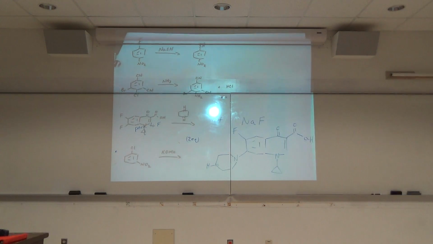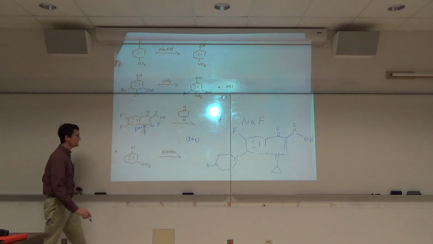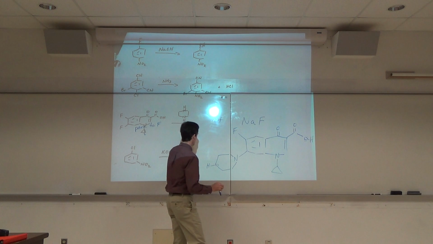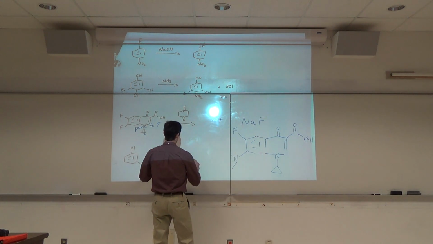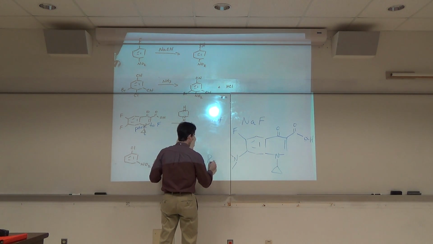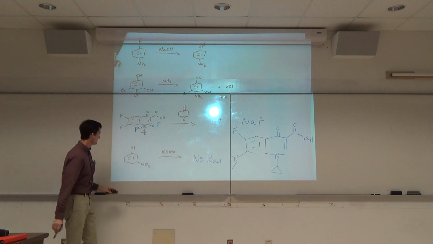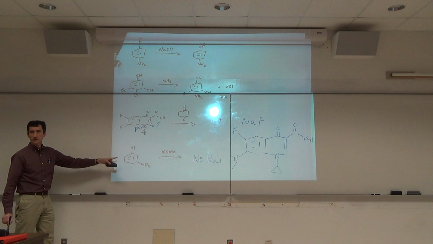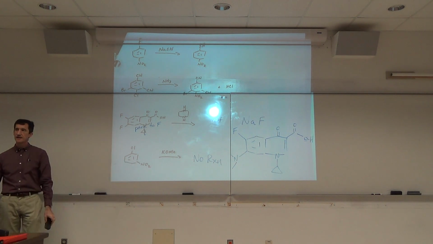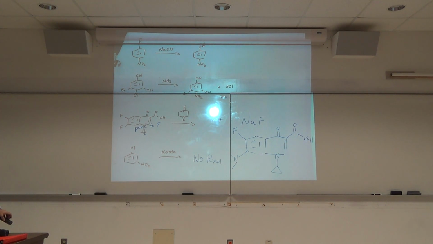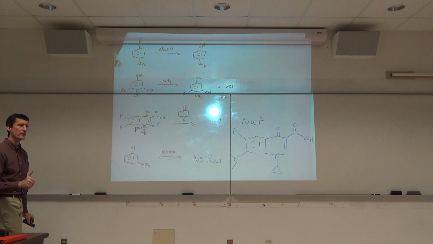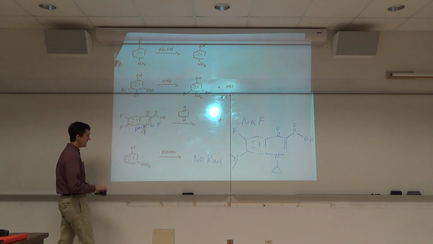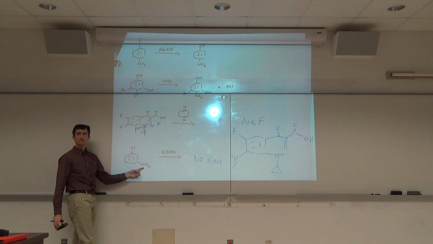How about the last one? What's the product? No reaction. Why? This compound does not contain a potential leaving group with a strong electron withdrawing group, ortho or para. By the way, a nitro can be a leaving group. But does the nitro have a strong electron withdrawing group, ortho or para?